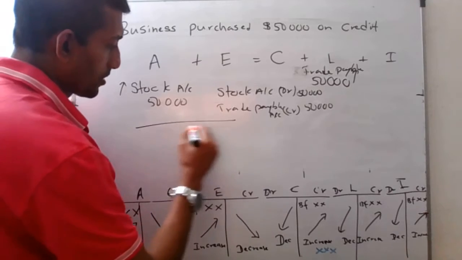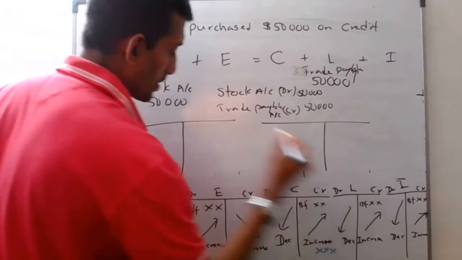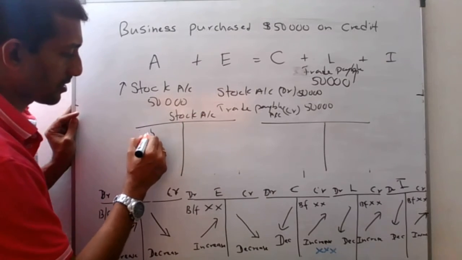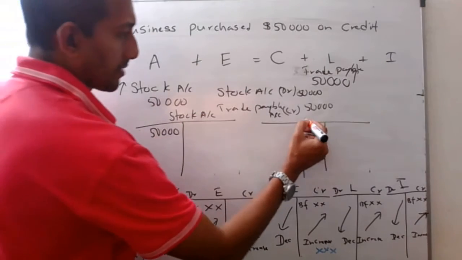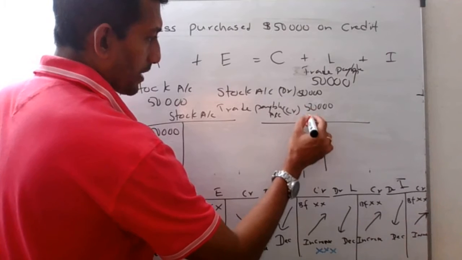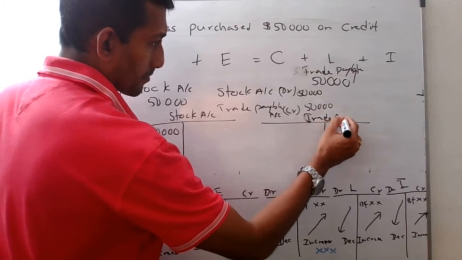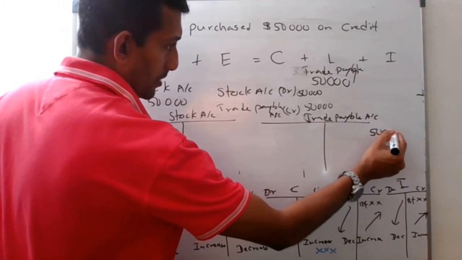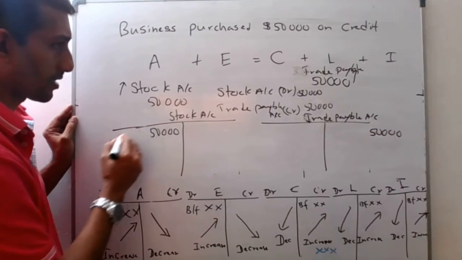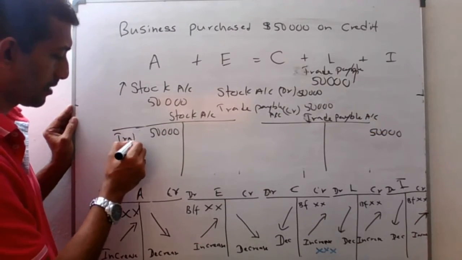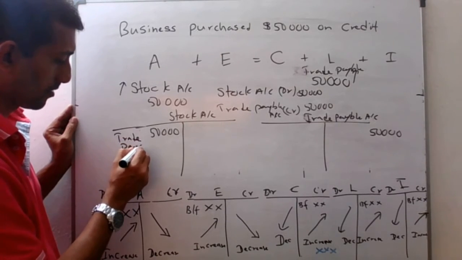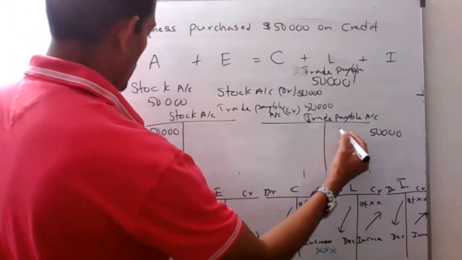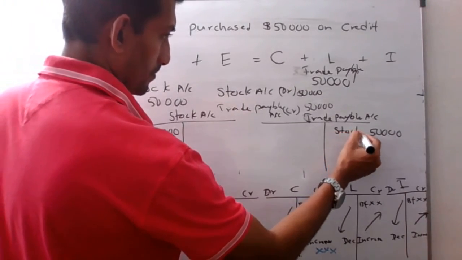And if I put it into the ledger, I see my stock account is increasing by 50,000 and my trade payable is increasing by 50,000. And the corresponding account, I will write here trade payable. And here I will write stocks.